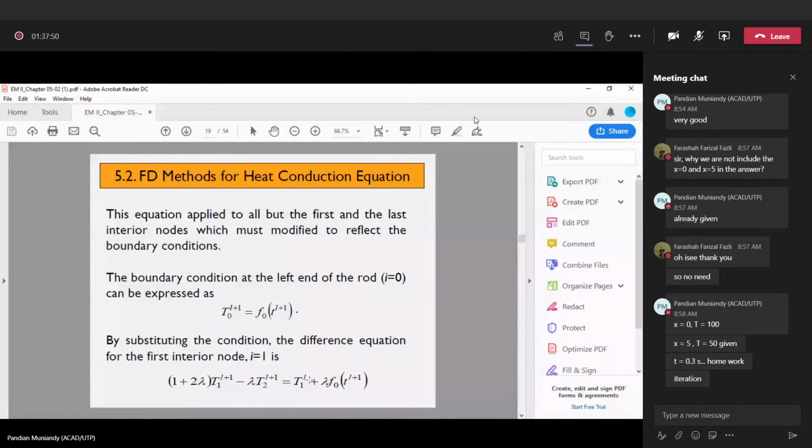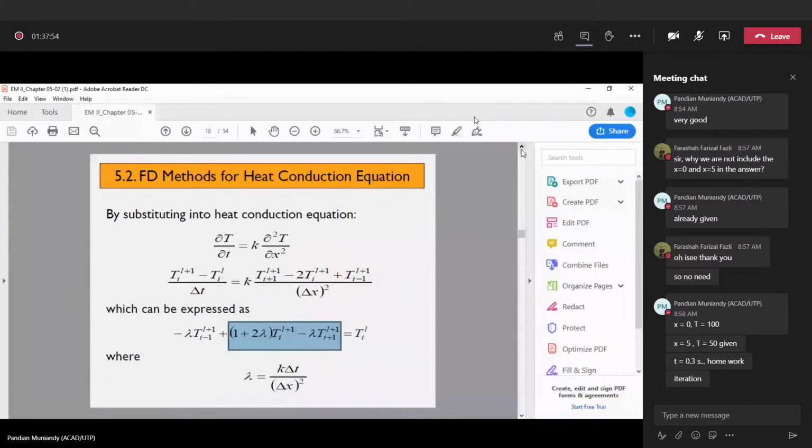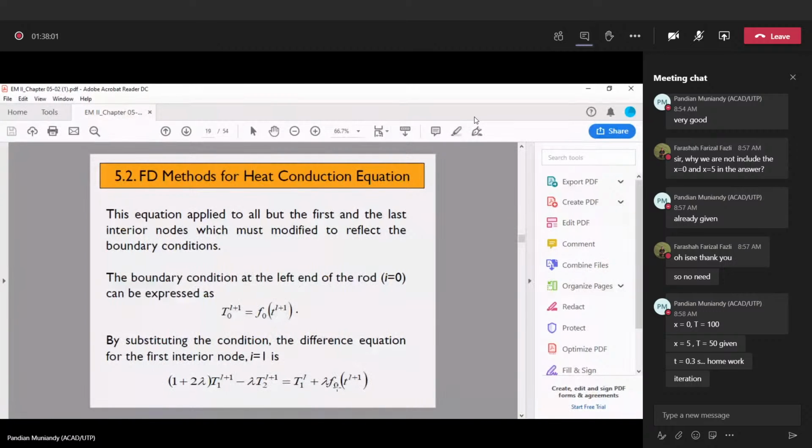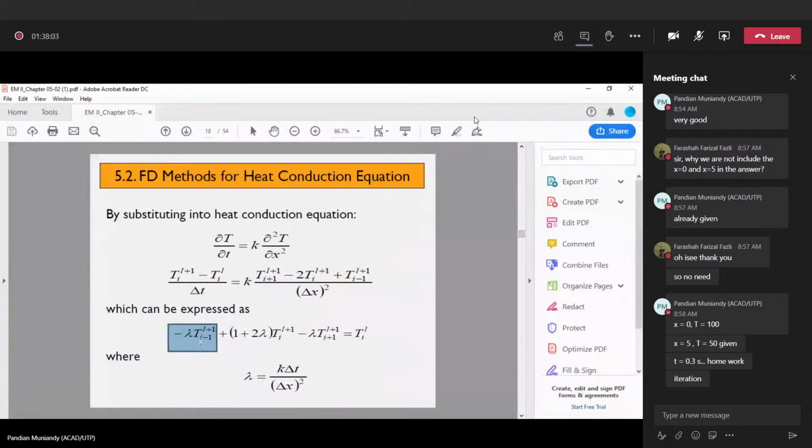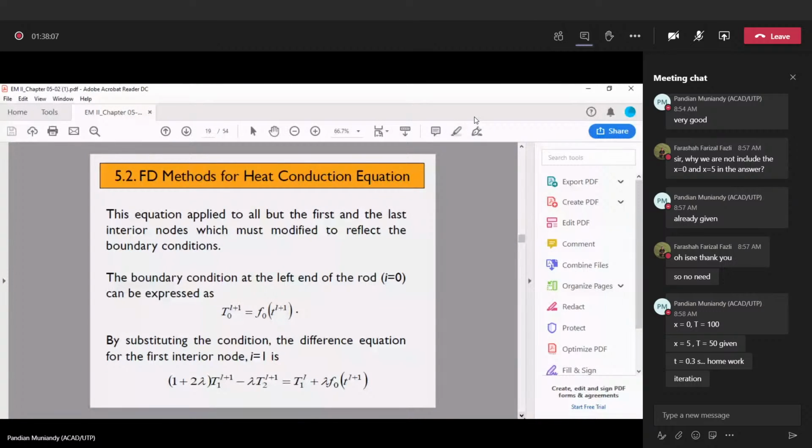This term goes to the right hand side, plus lambda T0, L plus 1. I is 1, so 1 minus 1 is 0. For the L plus 1 term, substitute with this. This is the boundary condition.